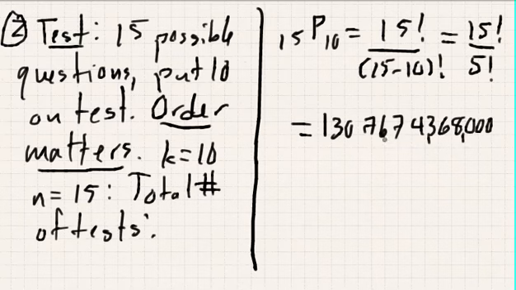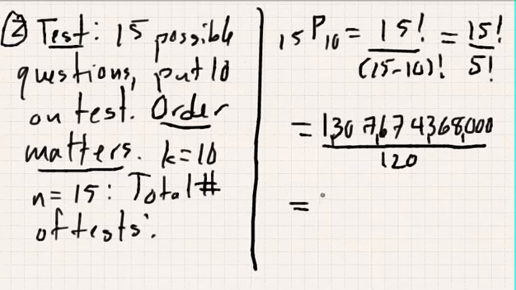That's what 15 factorial is. It's that huge number. 5 factorial we've seen a couple times, and that's 120. So if I take that big number on top and divide it by 120, I still get a very large number. 1, 0, 8, 9, 7, 2, 8, 6, 4, 0, 0.